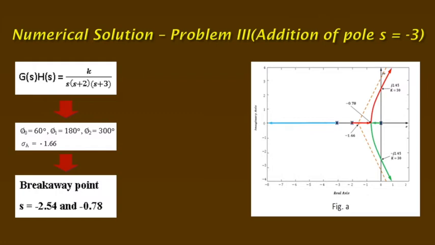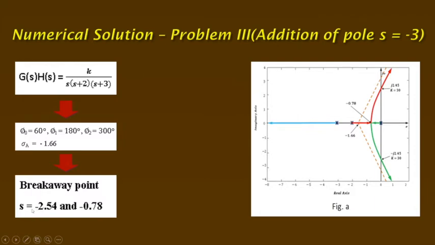And taking dk by ds equal to 0, then this equation is 3s square plus 10s plus 6 equal to 0. So from this equation, there are two roots. One is minus 2.54, another is minus 0.78.